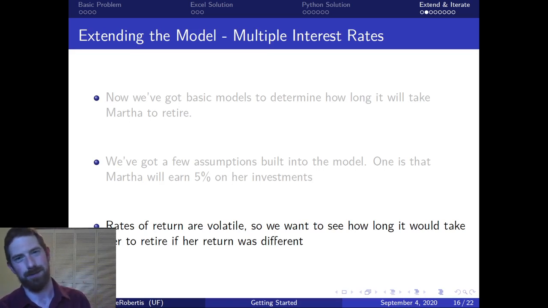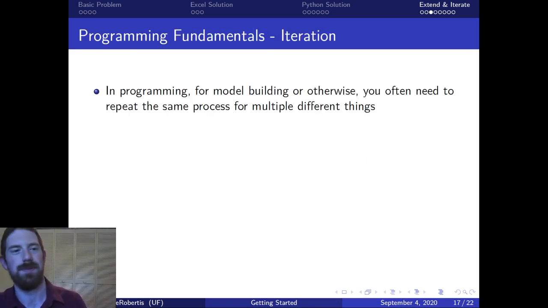That would be a lot of work, even for such a basic model as we have built. So we need to actually bring this concept of iteration into our models to be able to answer these kinds of questions without having to repeat what you've done.